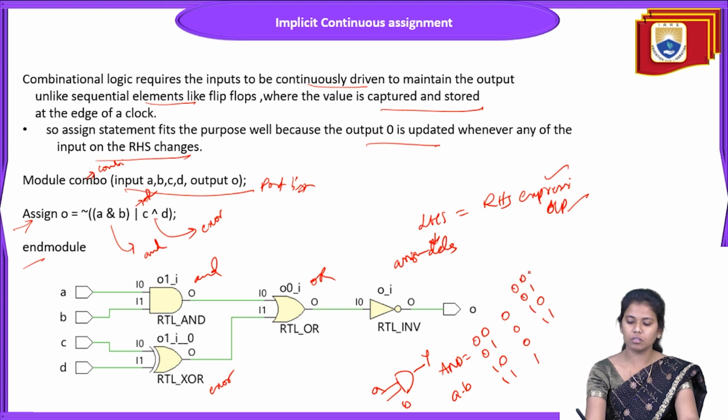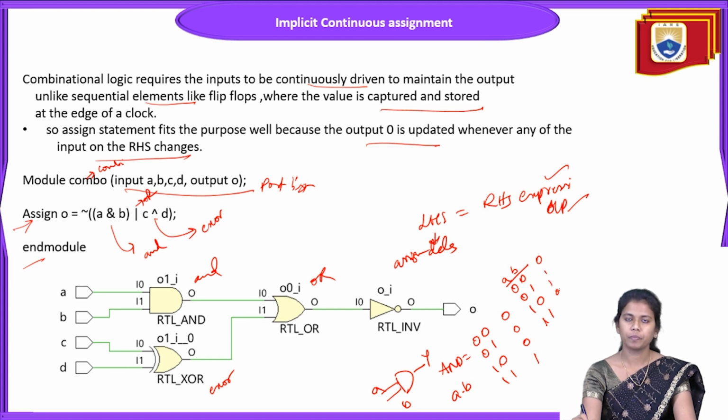When both inputs A and B are 0, my output would be 0. When both inputs are 1, my output still remains 0. But in the different case, when one of the inputs is 1, my output will be observed as 1.